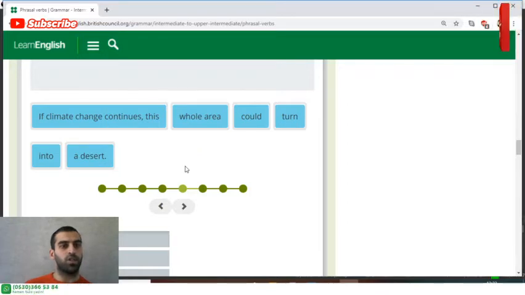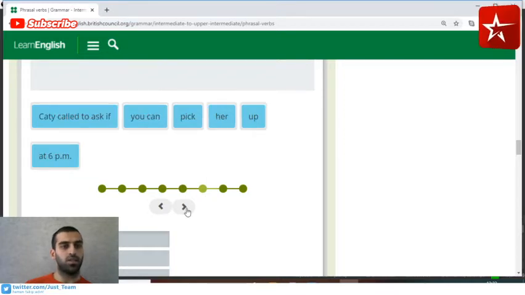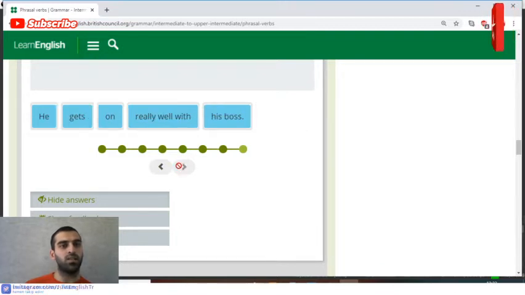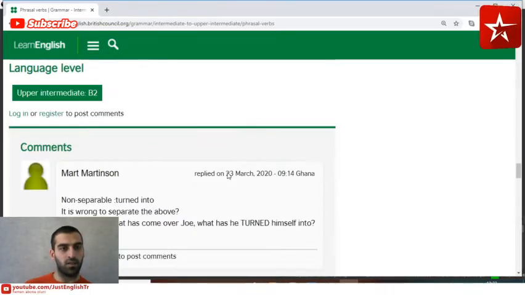If climate change continues, this whole area could turn into desert. And Kathy called to ask if you can pick her up at 6 p.m. And this table is completely broken. Let's get rid of it. And the last one: he gets on really well with his boss. Yes, great. Okay, and now let's continue with another grammar.